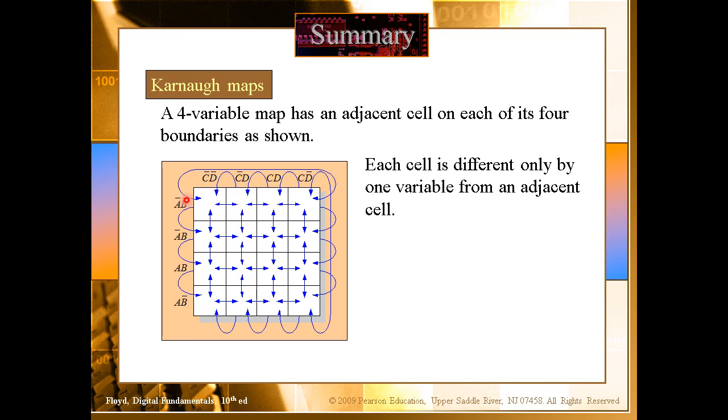Same for the rows. This is 0 0, C prime D prime. Then this is 0 1, then 1 1 and then 1 0. It's the same ordering. I'm saying this just to make sure, because we have only looked at 3 variables until now, but this is for 4 variables. And in this class we'll be mostly working on 3 or 4 variables.